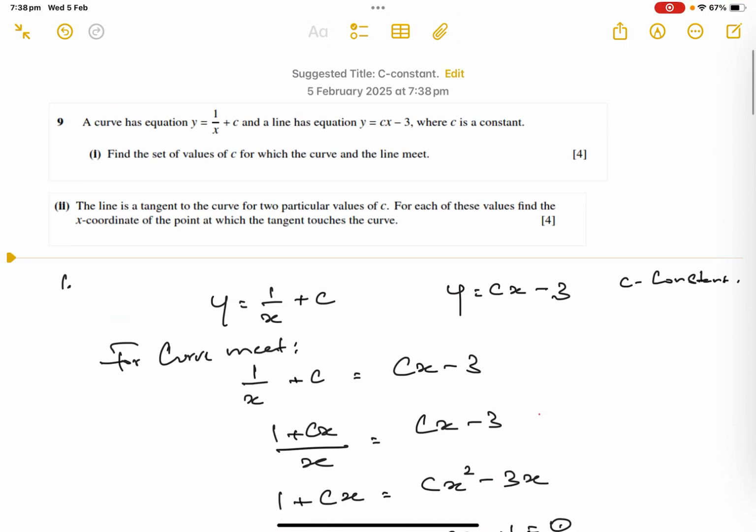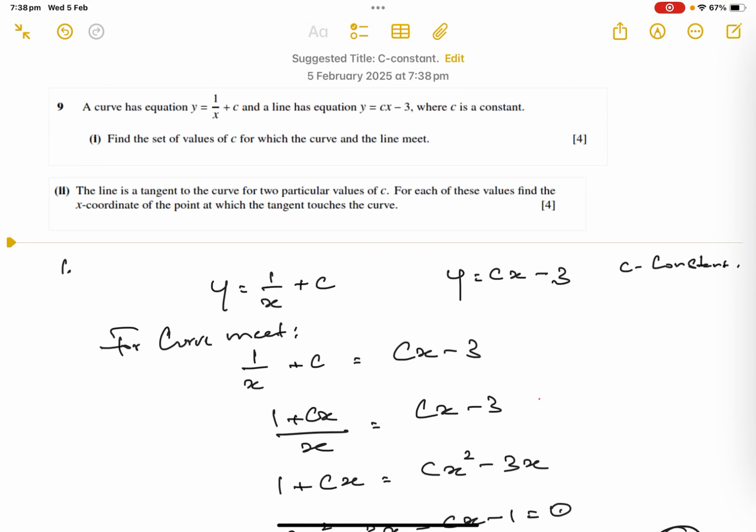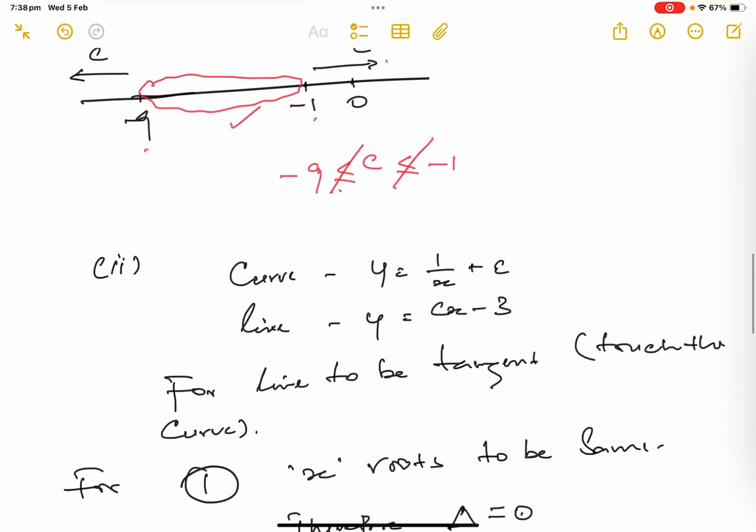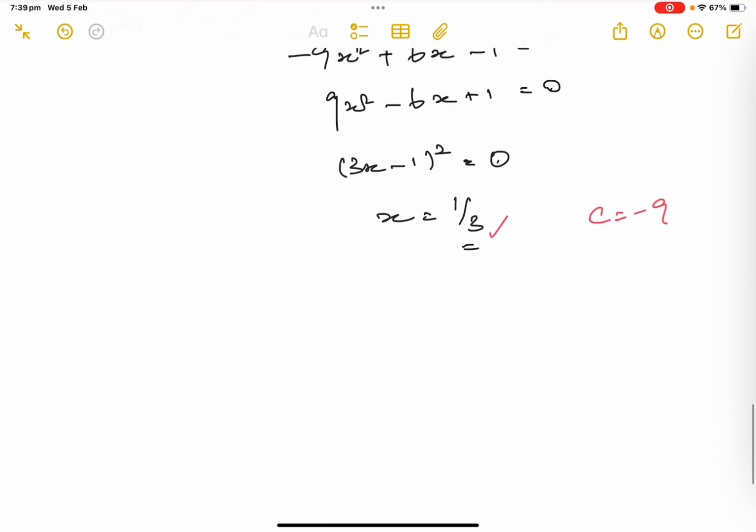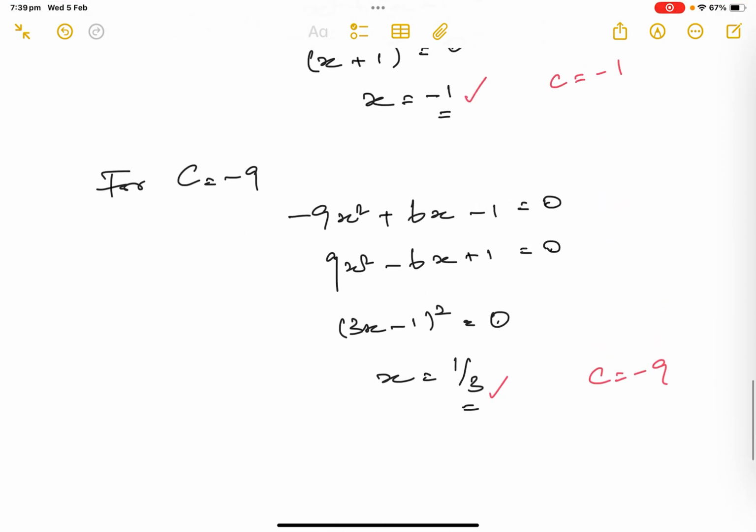If you read the question again, two particular values of c, which are minus 1 and minus 9. For each of these values, find the x-coordinate of the point at which the tangent touches. So the two x-coordinates are minus 1 when c equals minus 1, and 1/3 when c equals minus 9.